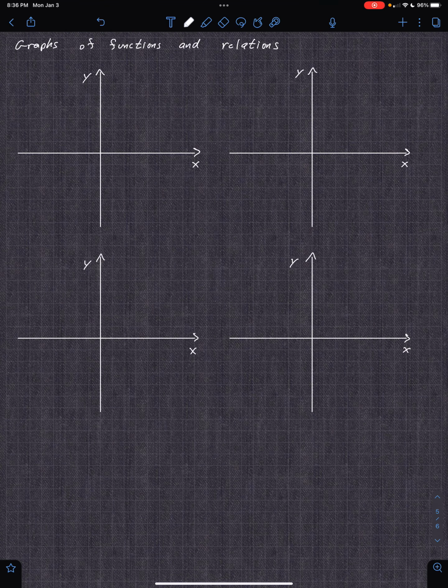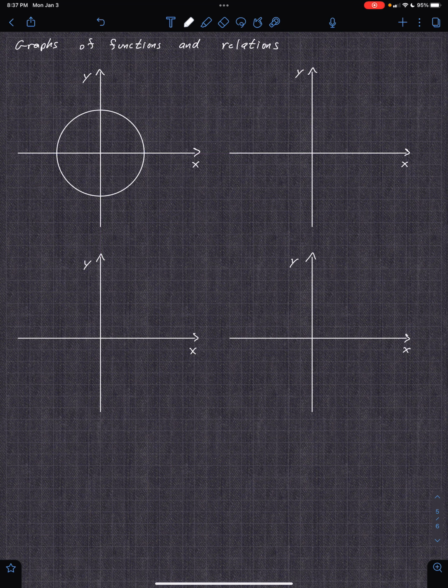So we'll write different functions in there and we'll talk about what they mean. First one, let's draw in a circle, something that's almost perfect, huh? Close enough.